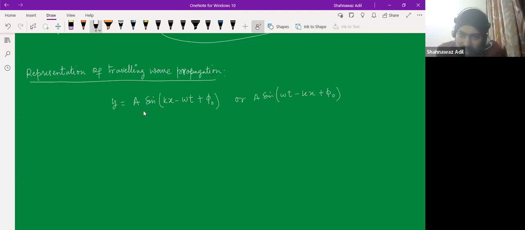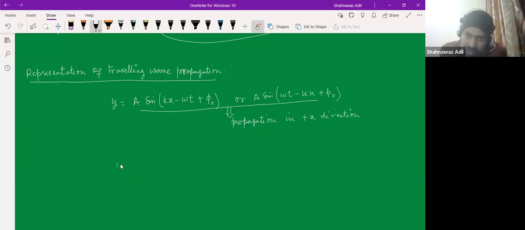So these two represent the propagation in positive x direction, right?